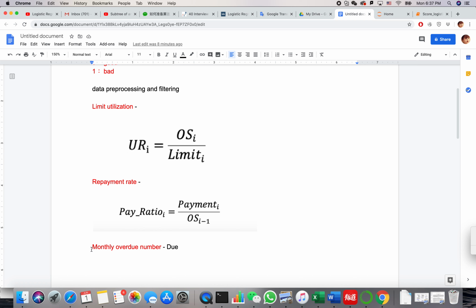And for the monthly overdue number, there are several discrete values, for example, 0, 1, 2, 3. For example, 1 means they didn't pay back for less than 30 days. And 2 means they didn't pay back for more than 30 days and less than 60 days.